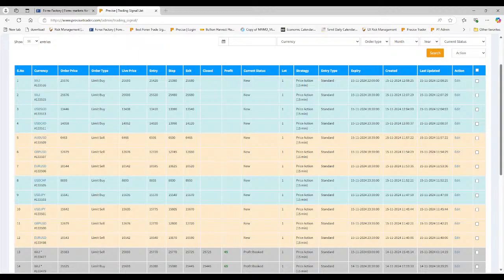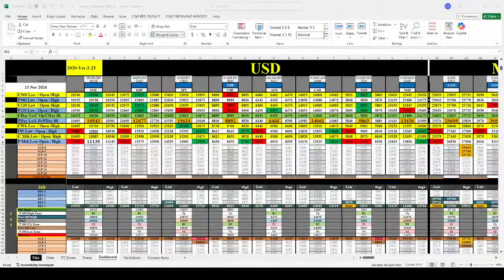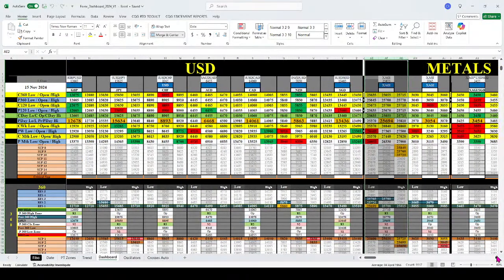Okay, now let's start off with looking at gold. So if you look into gold, this is the gold cross. Now what the system is telling us is the gold is weak below 2572 half.